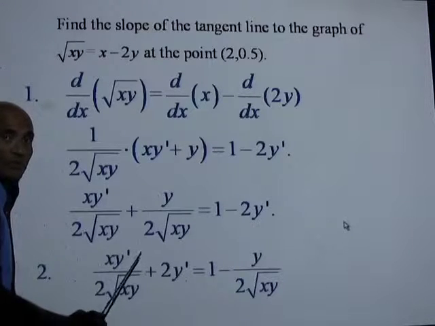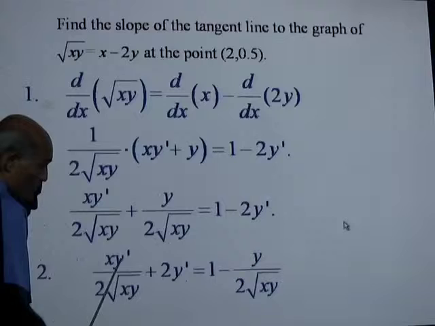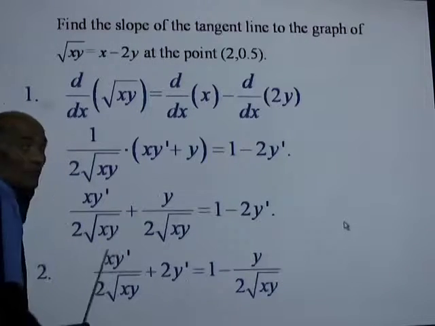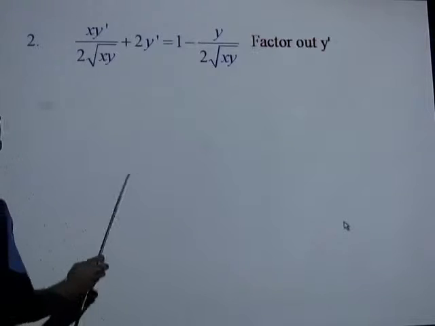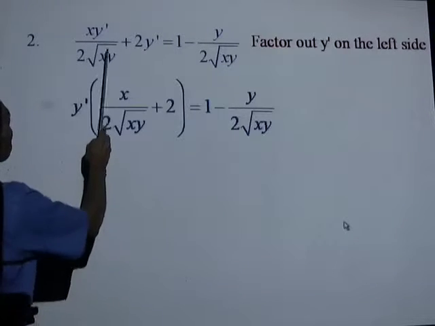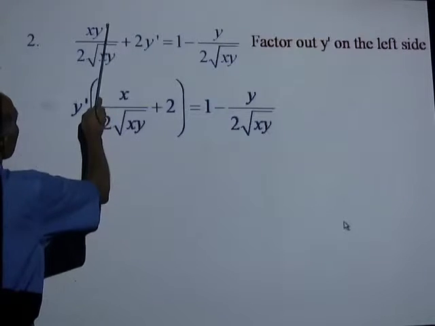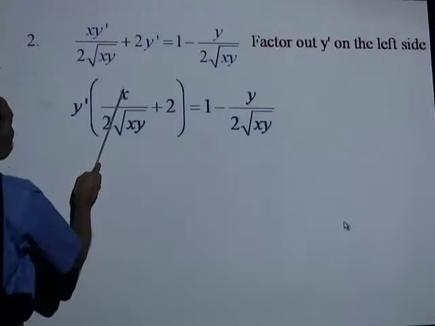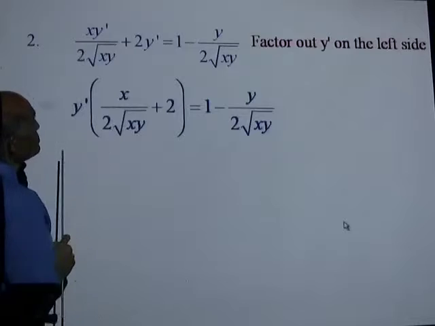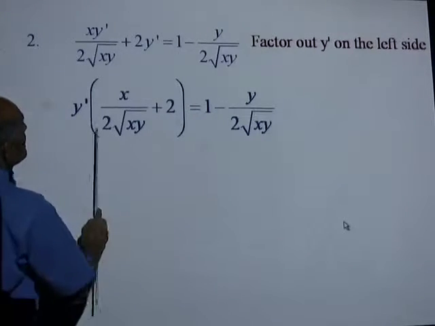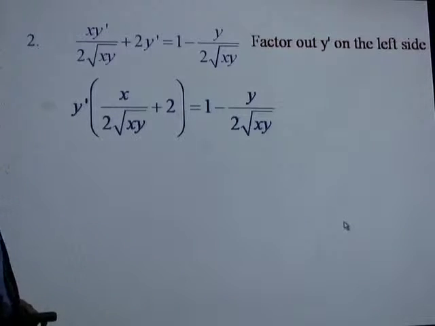Because we need to solve for y prime, factor out that y prime. So we factor out y prime from here. That will be y prime times, when y prime comes out, what is left is x over 2 square root xy plus 2. That is the left hand side, and the right hand side remains the same.